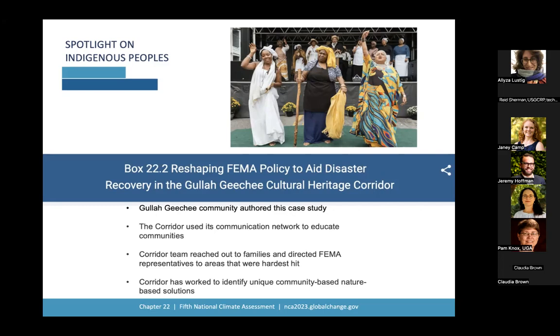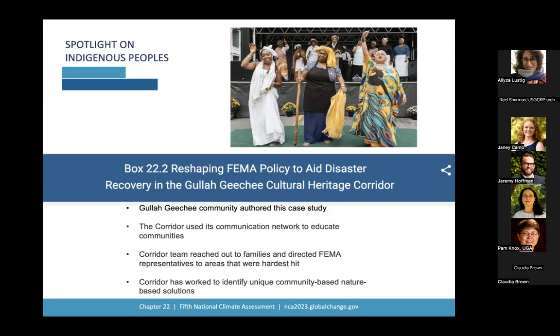The corridor used its communication network to educate communities about the newly created disaster aid revisions made to support owners of heirs' property before the arrival of the 2022 hurricane season, so that when powerful storms struck communities in South Carolina, the corridor team reached out quickly to families and directed FEMA representatives to areas that were the hardest hit.